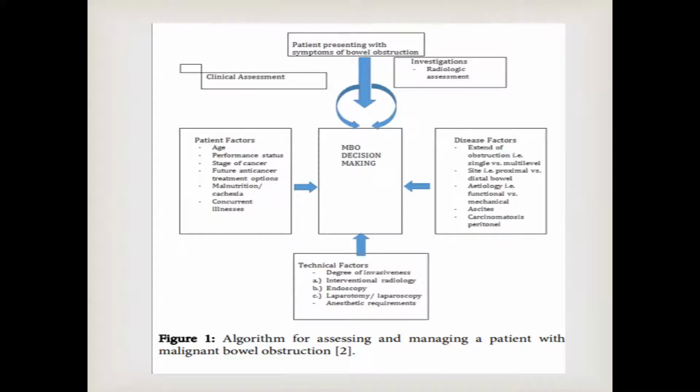Then again, you have the future anti-cancer treatment options. You have to discuss the future anti-cancer treatment options available for your patient with the oncologist, because it is not just curative chemotherapy that is available, but also palliative chemotherapy. Right? So what does palliative chemotherapy do? Palliative chemotherapy helps to bring down the symptoms.